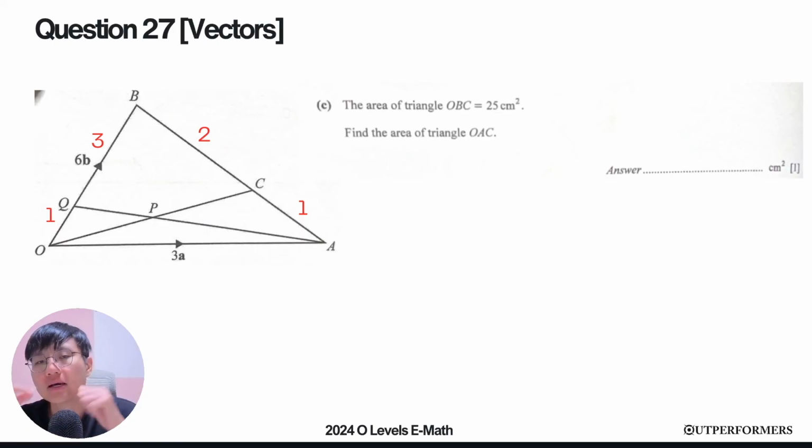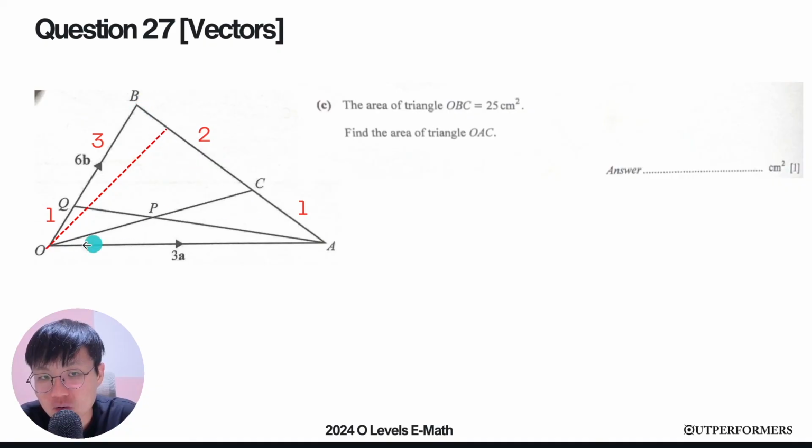They are either similar triangles or they both share the same perpendicular height. So for this one, because it's OBC and OAC, you must have the ability to flip the triangle around or be able to identify the base. We can actually see that both of these triangles share a common perpendicular height right here.